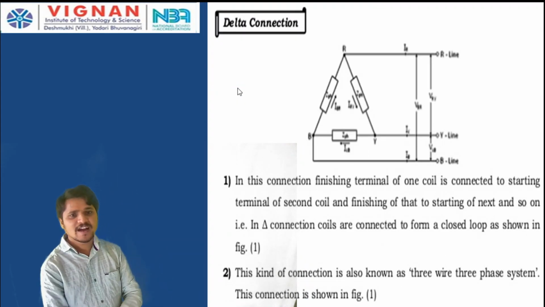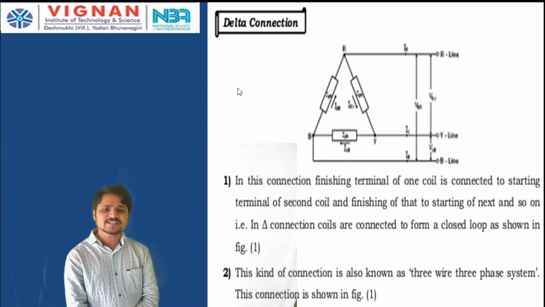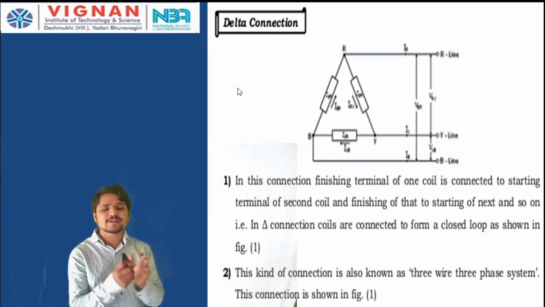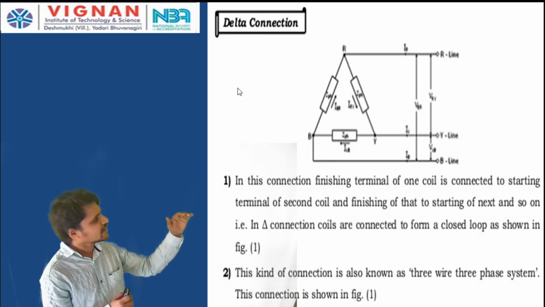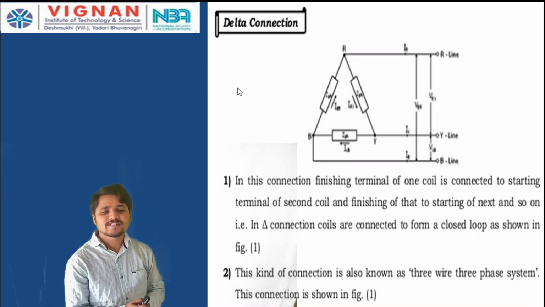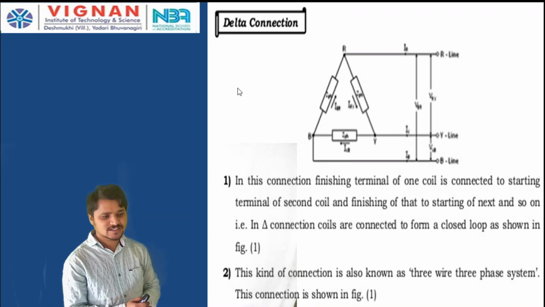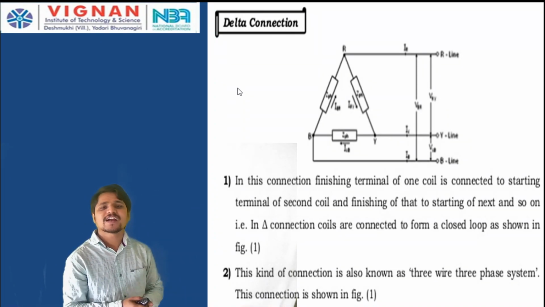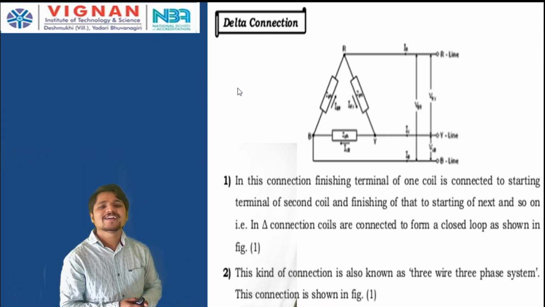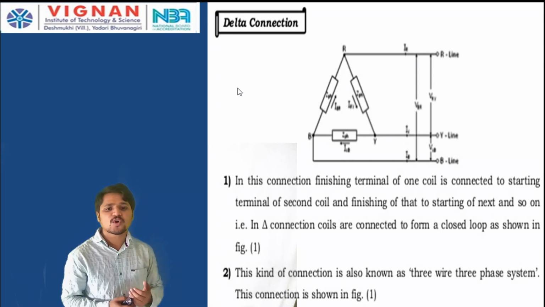Now, the next one is the delta connection. So, in this connection, the finishing terminal of one coil is connected to the starting terminal of another coil, which leads to the delta connection. Finishing terminal, that is the ending terminal of one coil, is connected to the starting terminal of another coil, then it leads to the delta connection. Okay, so on like that.